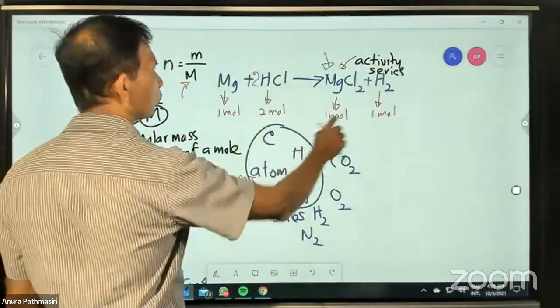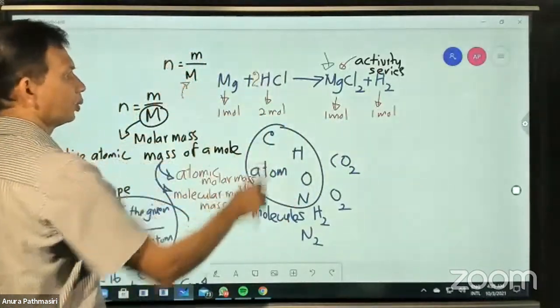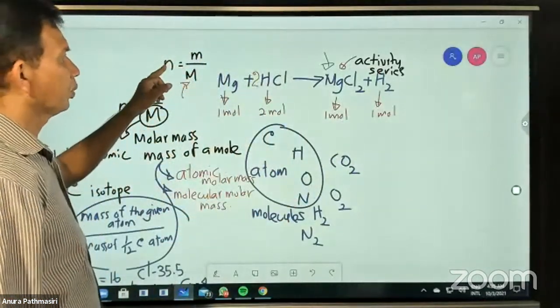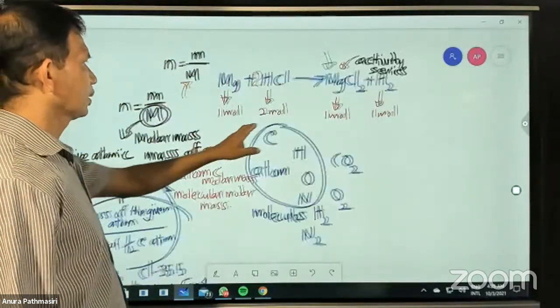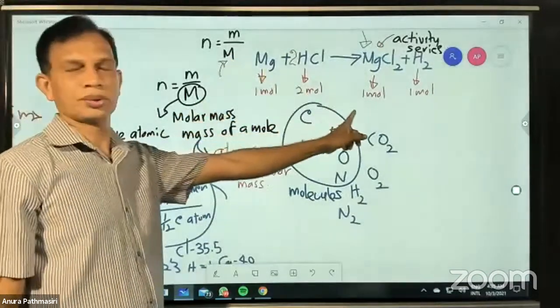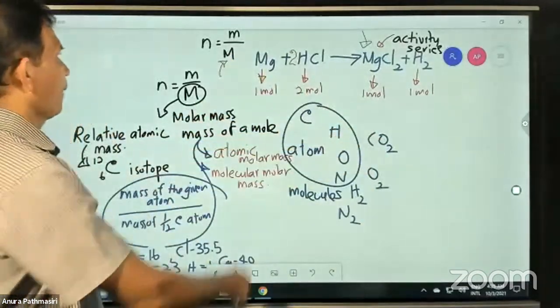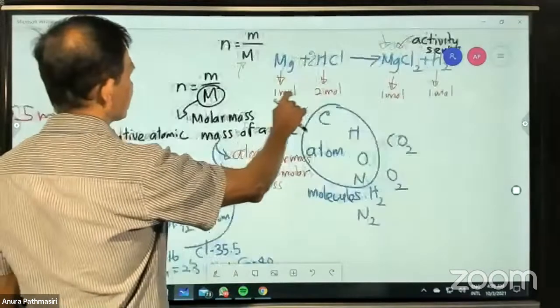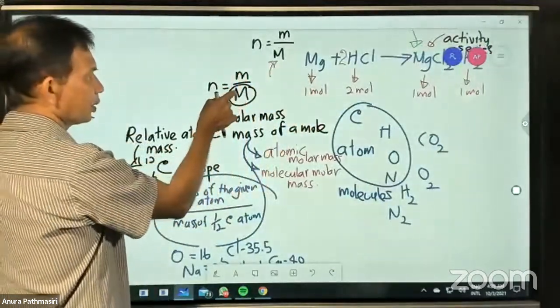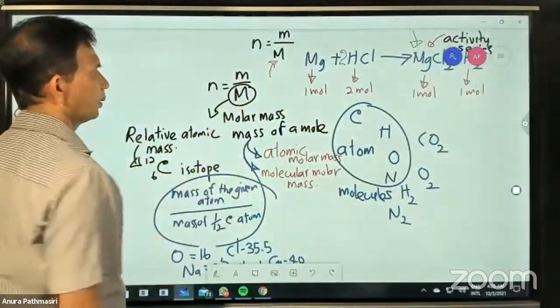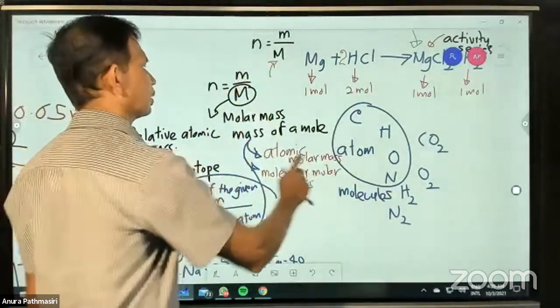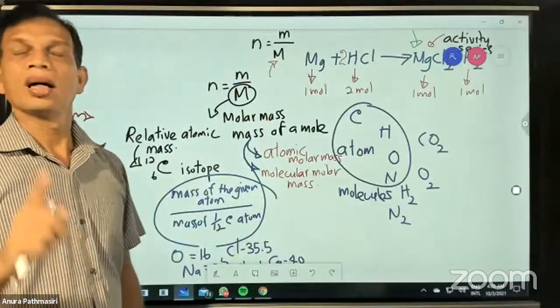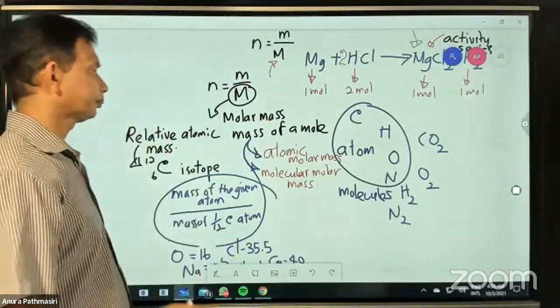And now we want to talk about the relationship of mole with the given mass and the molar mass. This is what I'm going to discuss as a question today. What is capital M? That's molar mass. Molar mass was found out in two ways: the atomic molar mass and the molecular molar mass.